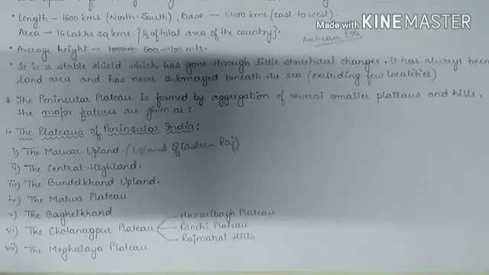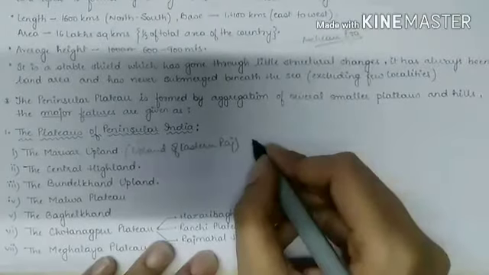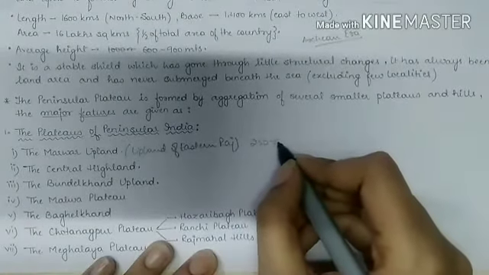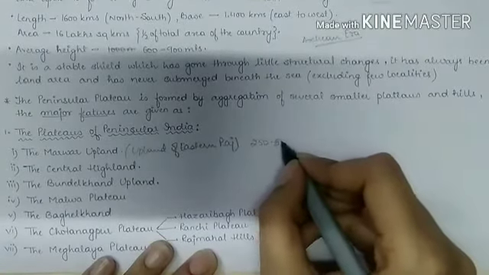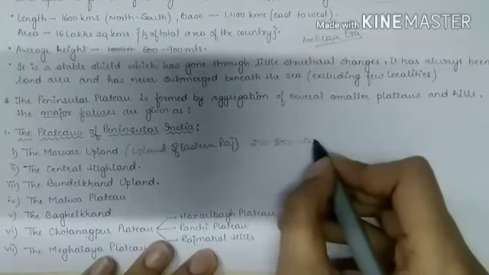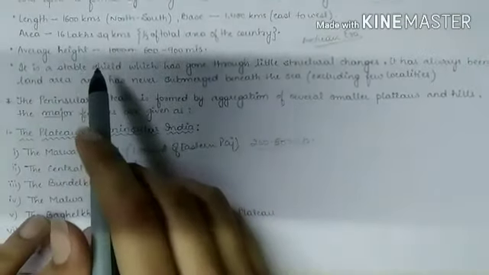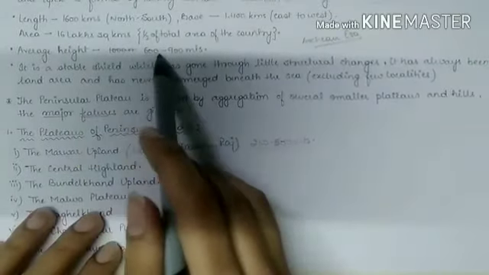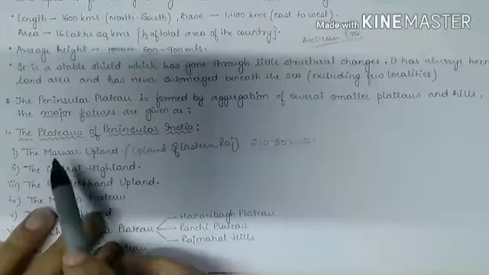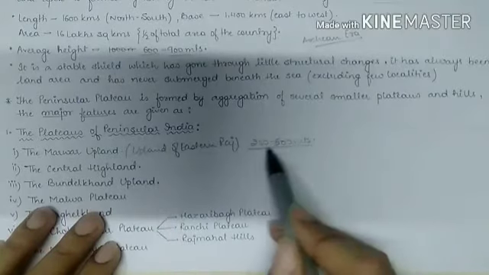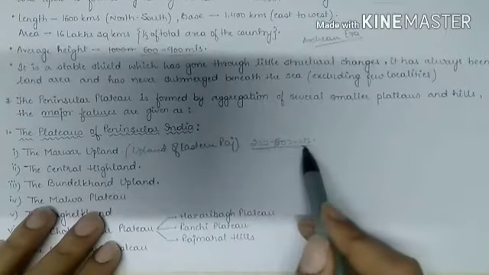The average elevation of this area is about 250 to 500 meters. The average height of the total peninsular plateau is 600 to 900 meters, but the Marwar plateau, if we look at it separately, has an average height of 250 to 500 meters.